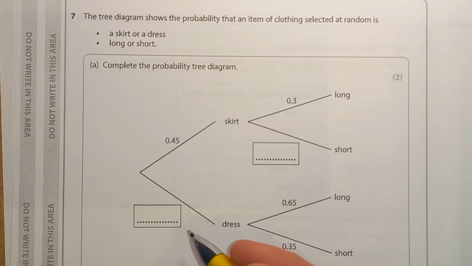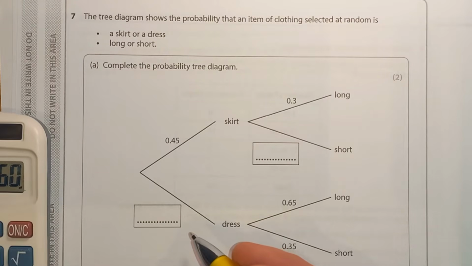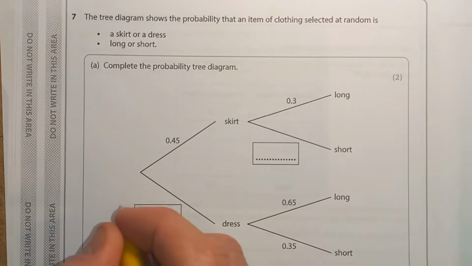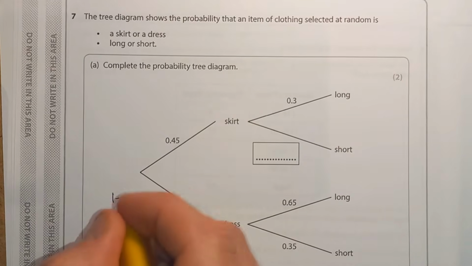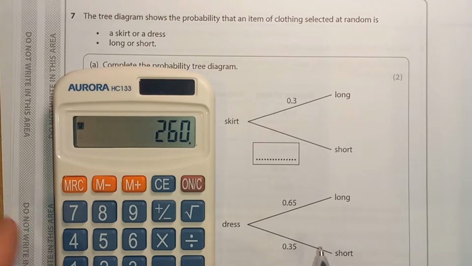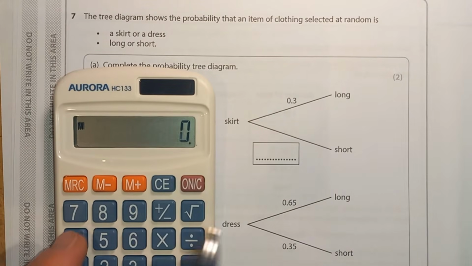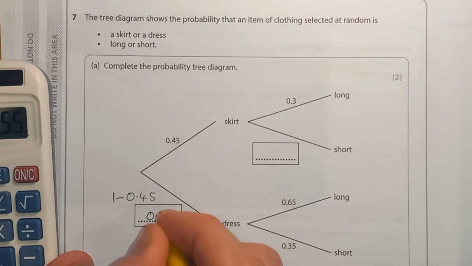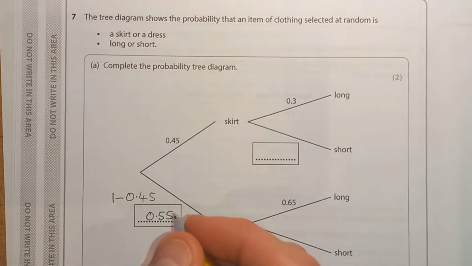So if there's a 50% chance that it will rain today, there's a 50% chance it won't rain today. So to work out this one, we'll do 1 minus 0.45, which gives us 0.55.